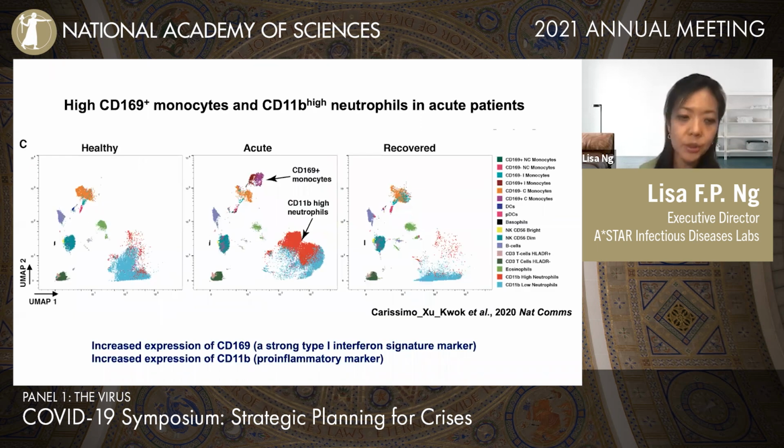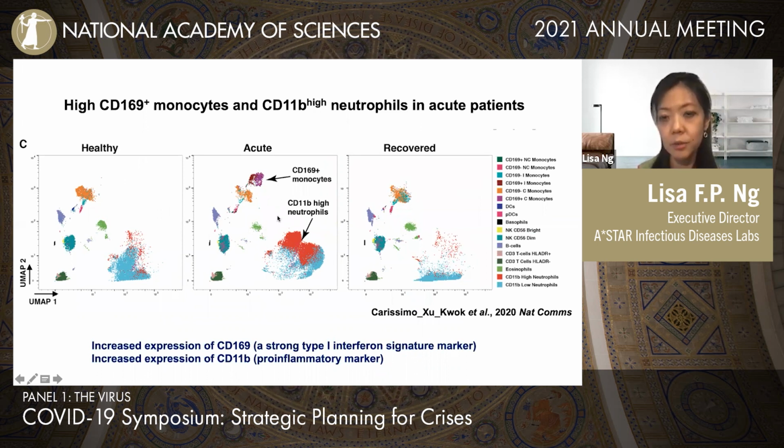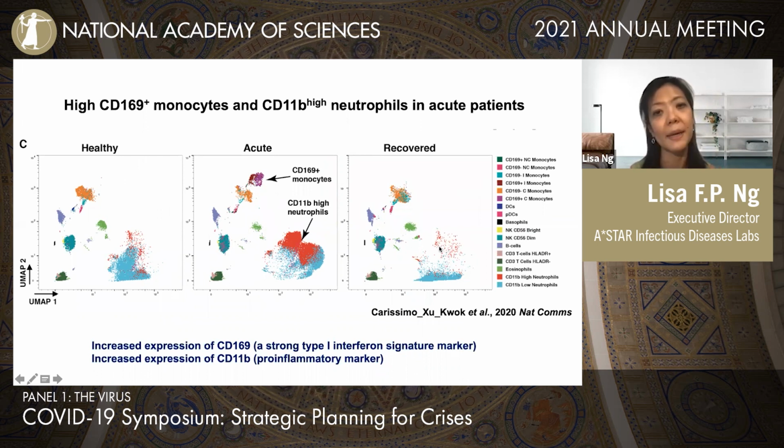And actually, we showed that there was increased expression of CD169 and also CD11B in the acute severely ill patients. And of course, these markers then went back to almost normal after the patients recovered.